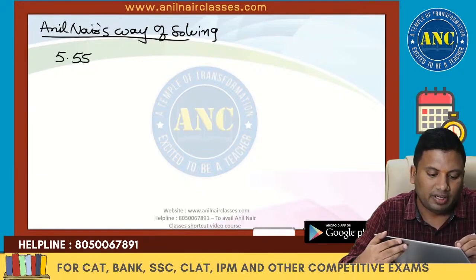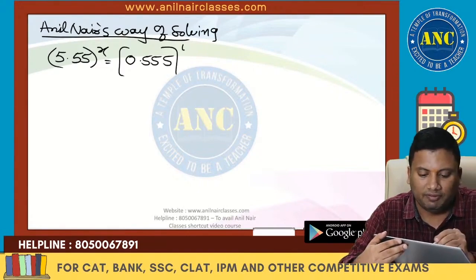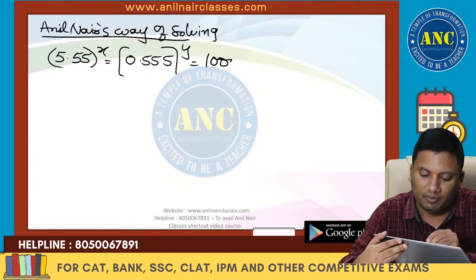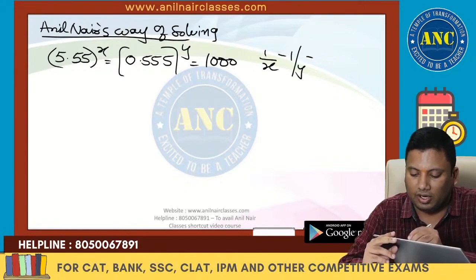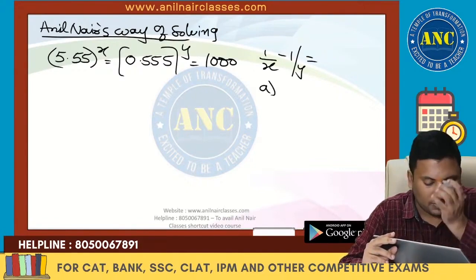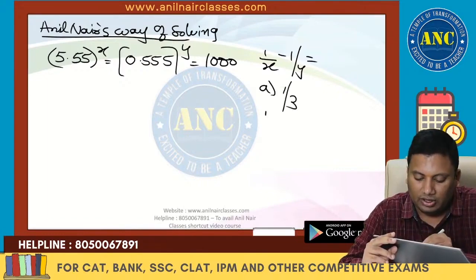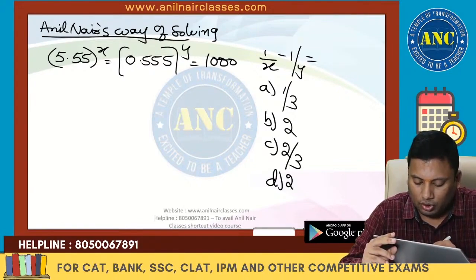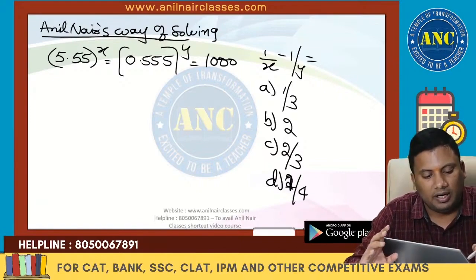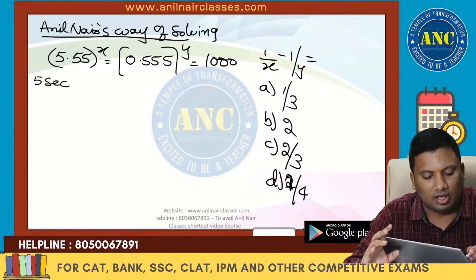So 5.55 power x equivalent to 0.555 power y equivalent to 1000. 1 by x minus 1 by y. What are the options which are given? 1 by 3, 2, 2 by 3 and 1 by 4. For me it has taken 5 seconds to solve the question.